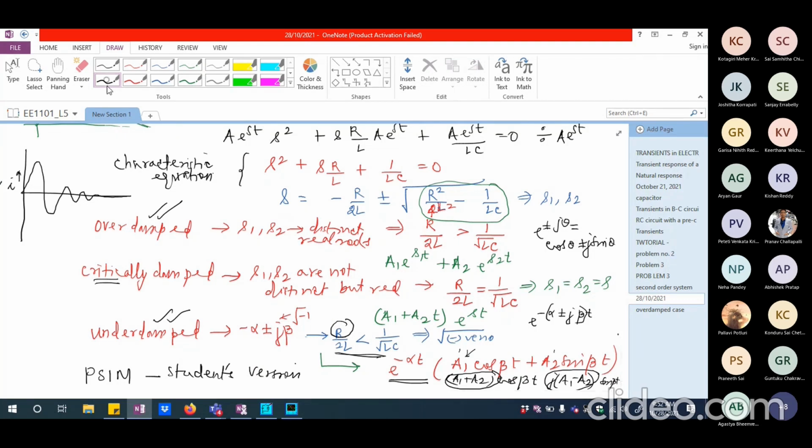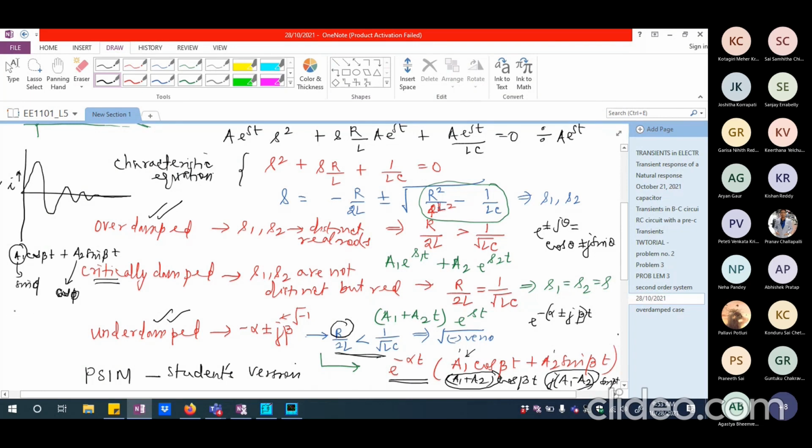If I write this as a1 cos beta t plus a2 sine beta t, this can be written as sine a cos b plus cos a sine b. So if I write a1 as some sine phi, and a2 as some cos phi, then this is in the form of sine phi cos beta t and cos phi sine beta t.